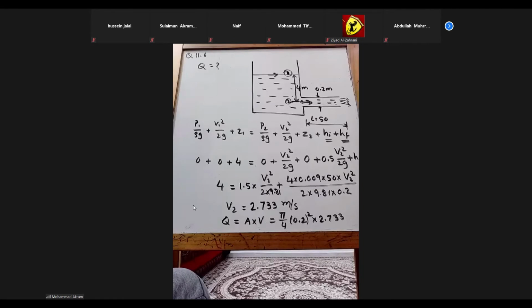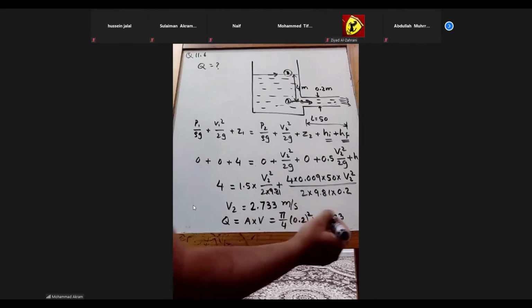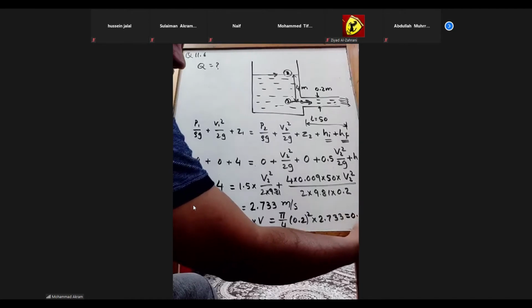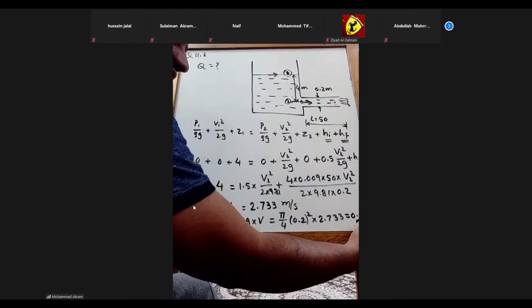I gave the marks, but you should be careful with these minor mistakes. Yes, doctor. Thank you. For discharge, I got 0.085 meter cube per second.